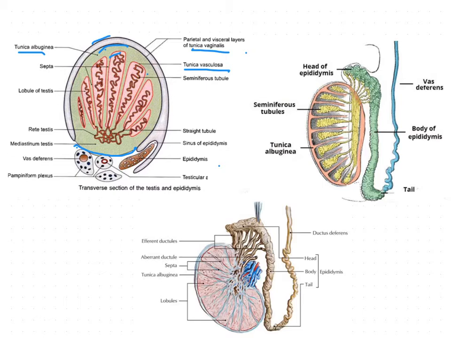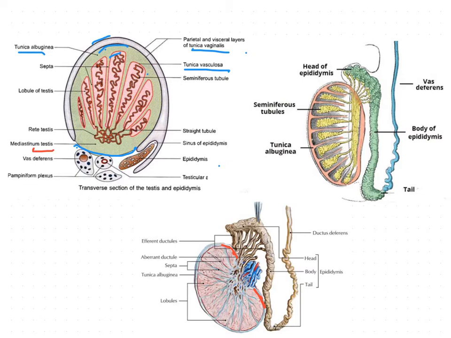So here you can find this incomplete vertical septum. It is forming some sort of septum here and also here, but there is no complete septum like this. Okay, so it is forming an incomplete vertical septum called the mediastinum testis. So this is the mediastinum testis.